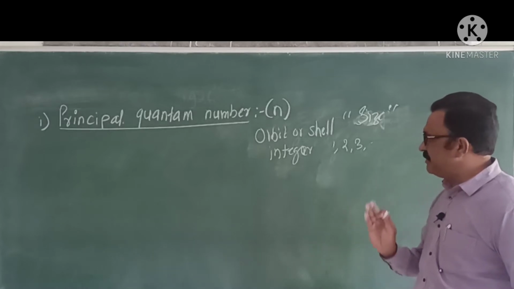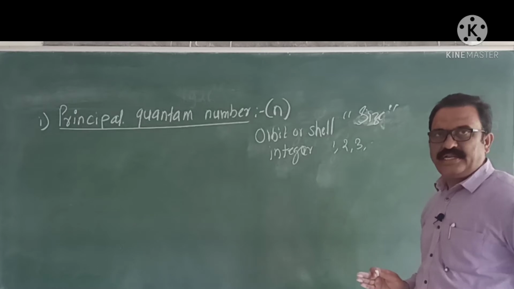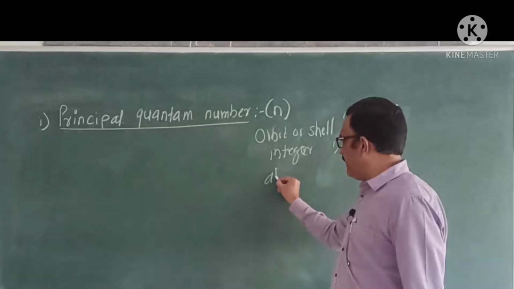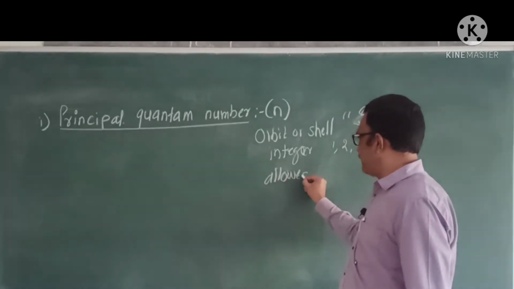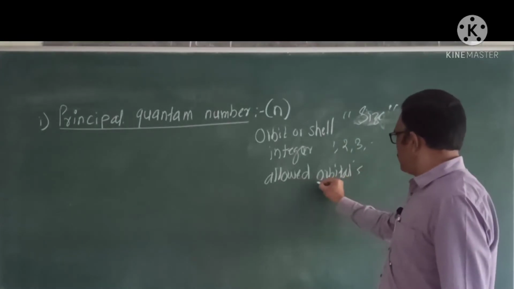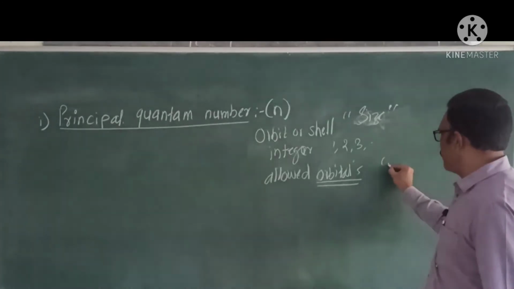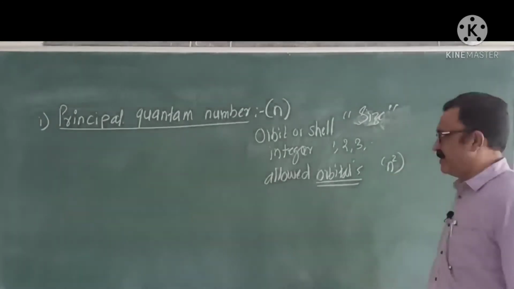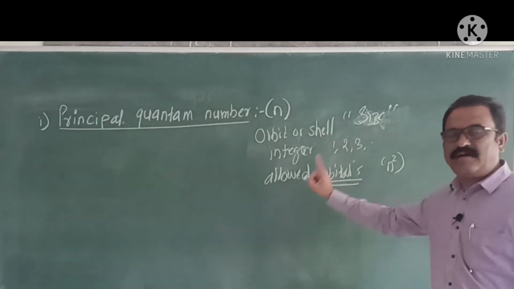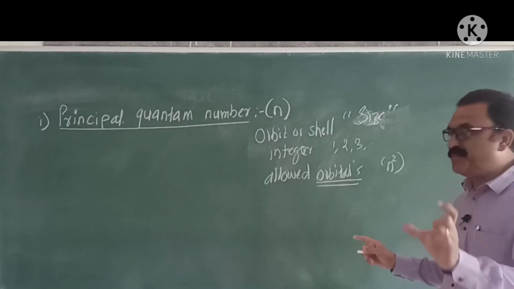Then this principal quantum number n gives the number of allowed orbitals in a given shell by the formula n square. N square is equal to the number of allowed orbitals present in a given shell.